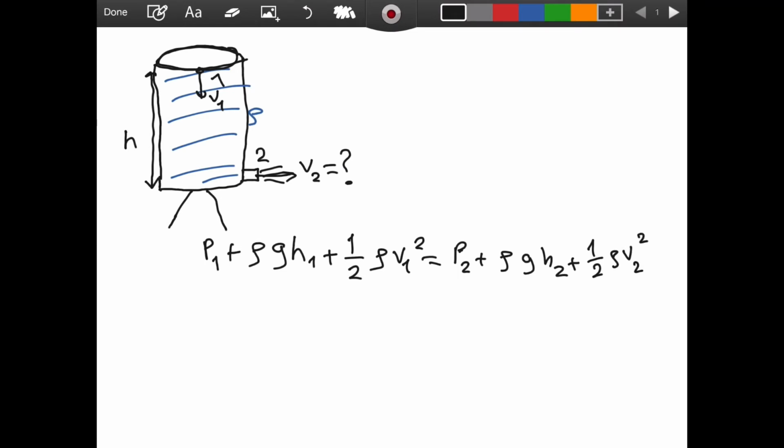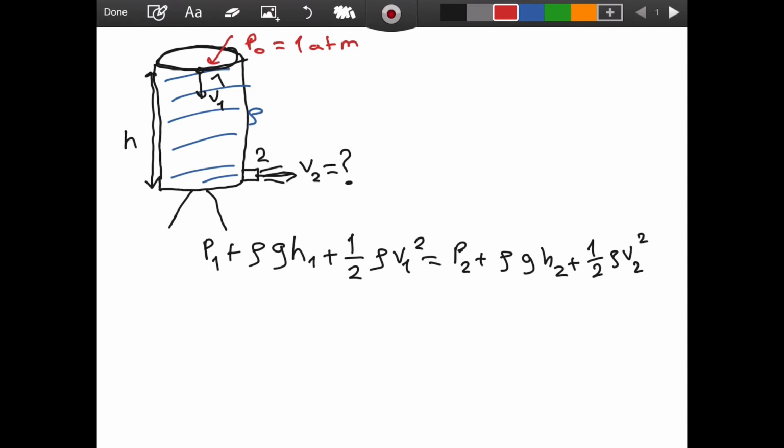Now, I want you to realize that this is a system that is open to the atmosphere. So, the pressure that we have at the first position is going to be P naught, which is the atmospheric pressure. It is basically 1 atm. Its value is not important, and its value, of course, changes, but generally we use it as 1 atm. So, as I said, it is open to the atmosphere, and pressure 1 then is equal to P naught, the atmospheric pressure.